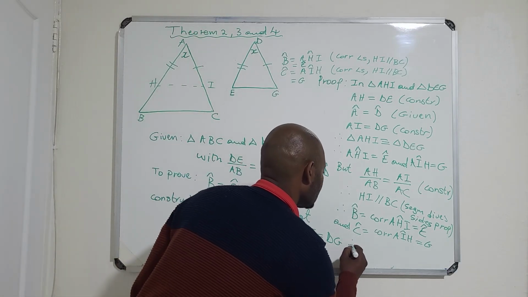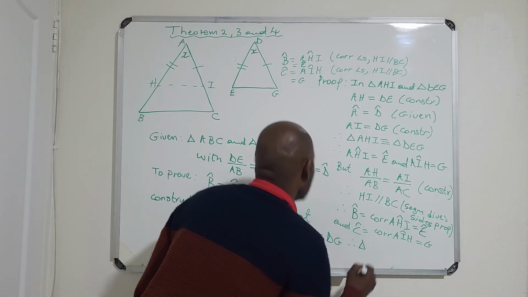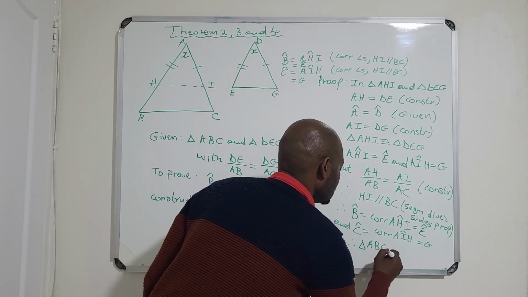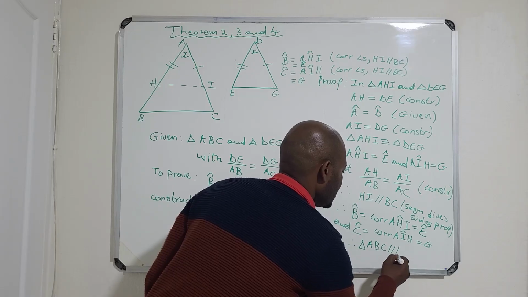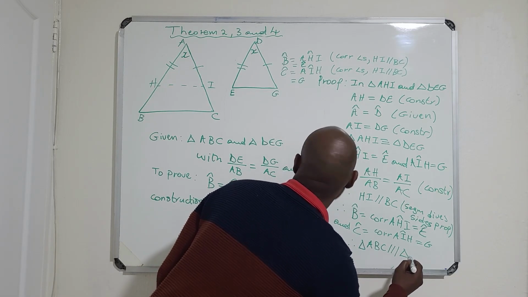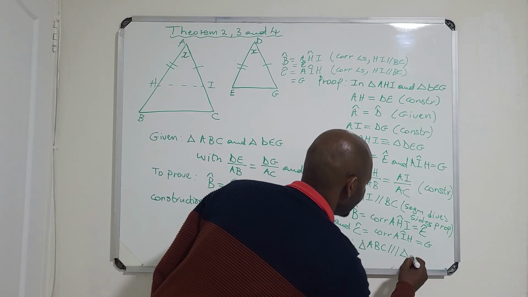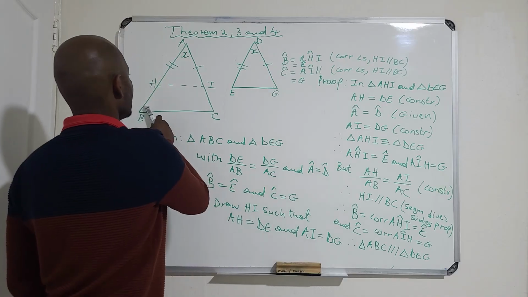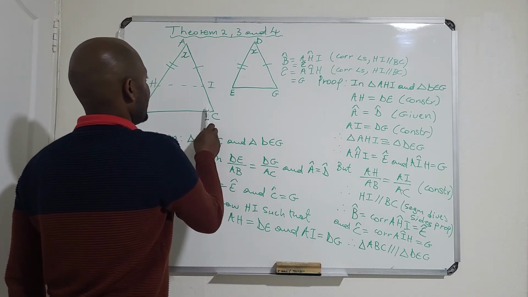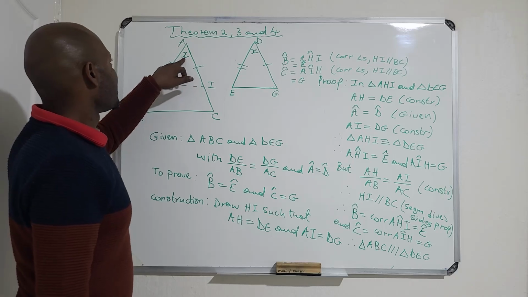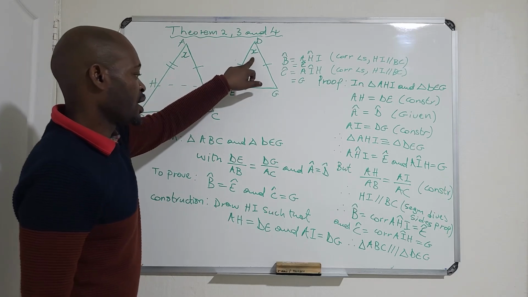Therefore, triangle ABC is similar to triangle DEG, because this angle is equal to that angle, this angle is equal to that angle, and we were given that this angle is equal to this angle.